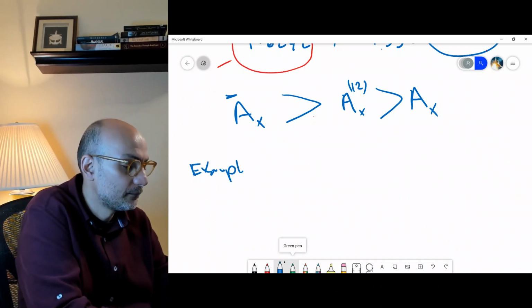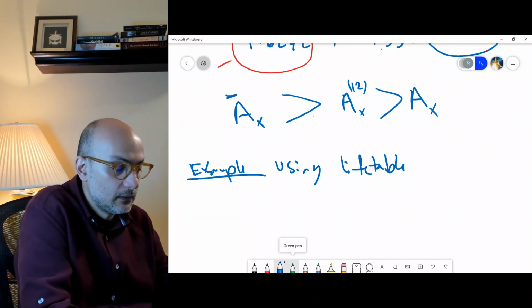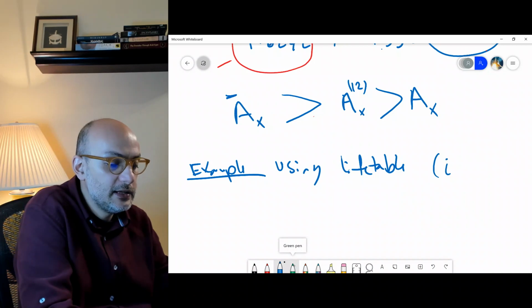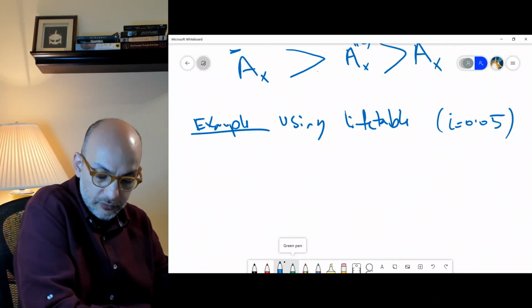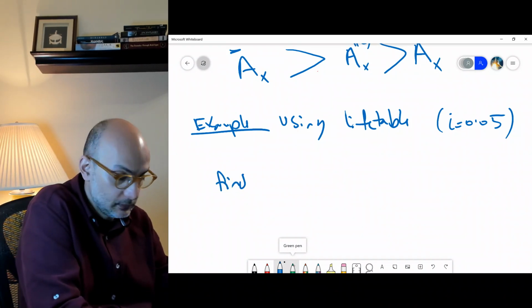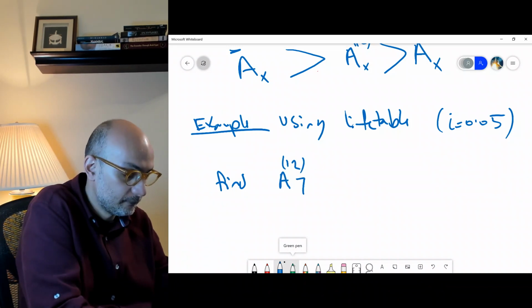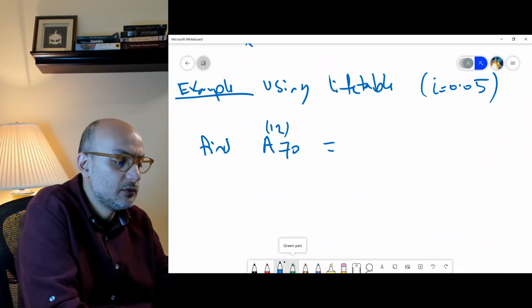Example, using a life table, and remember the life table i is 5%. Now we want to find A12 of 70, and if you do it, it's the same logic.